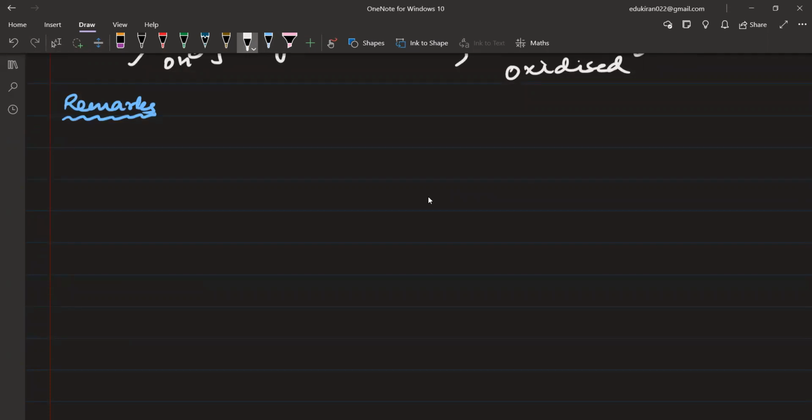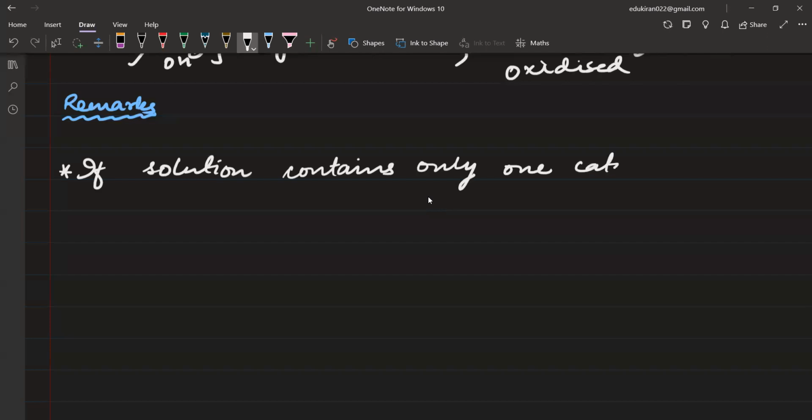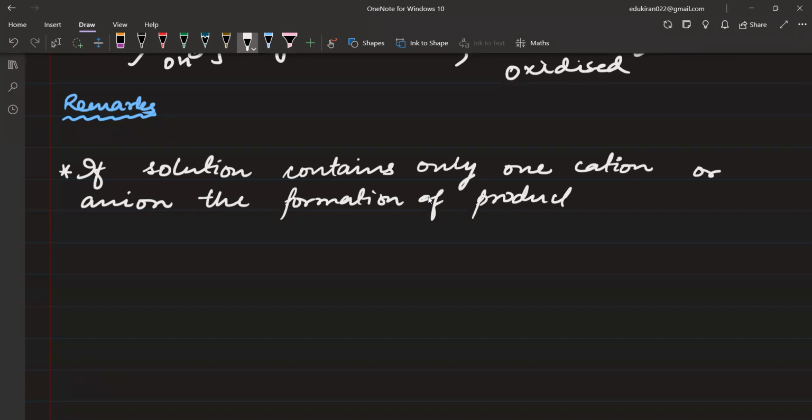If solution contains only one cation or anion, then formation of product can be easily predicted.